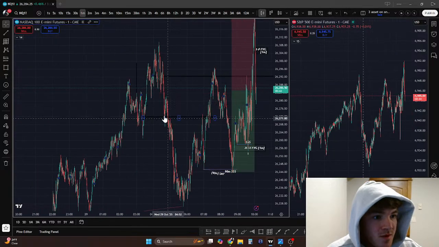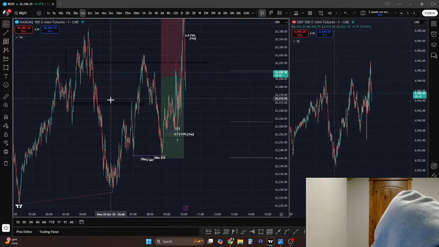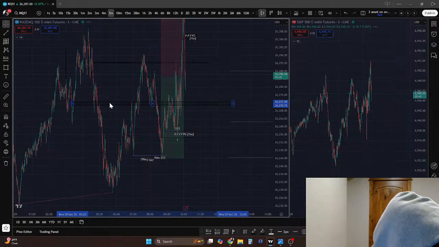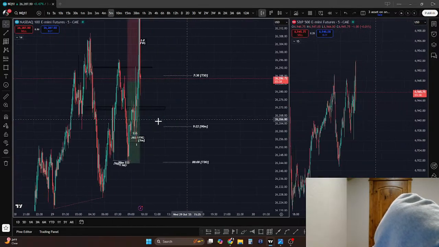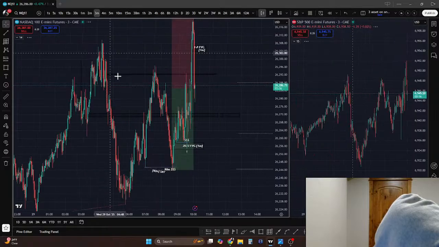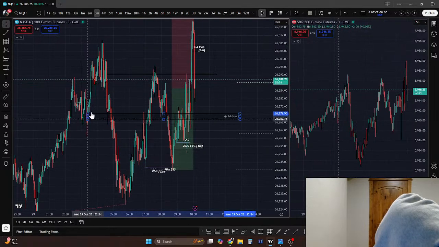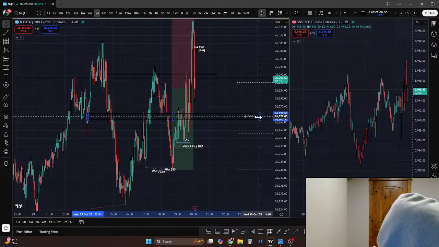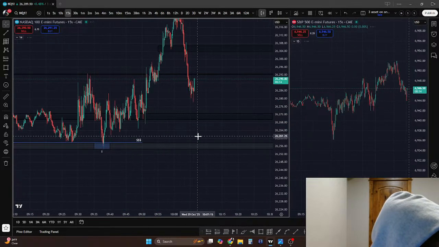Okay, we should use the Reaper as our PD array. So the 3-minute Reaper. We should line this with the 15-second.